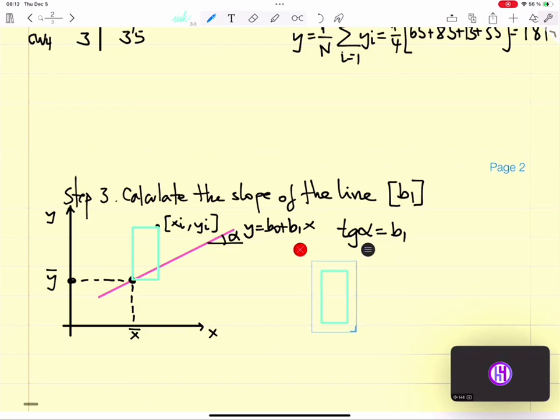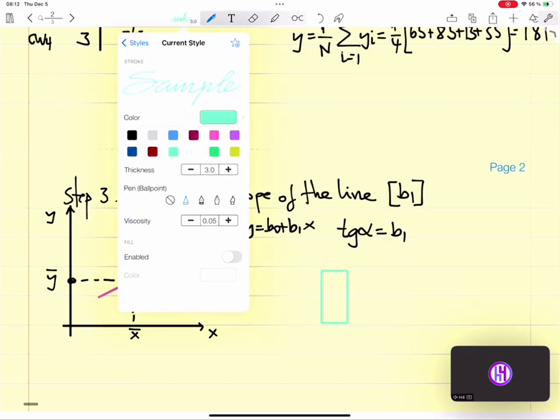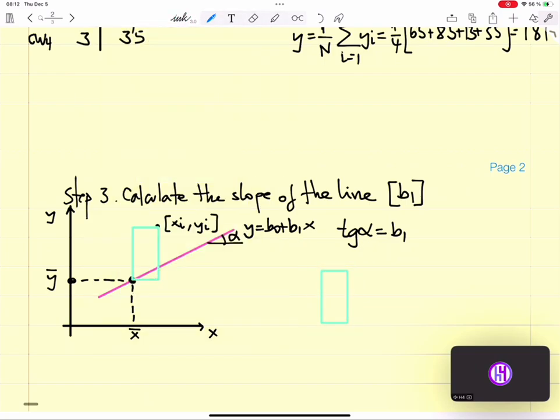So the area of this, if this is the point x mean value and y mean value, and this is x sub i, y sub i, the area is A times B, right?